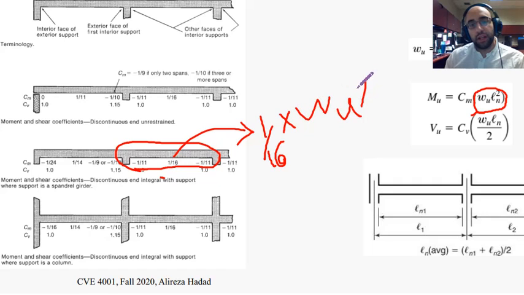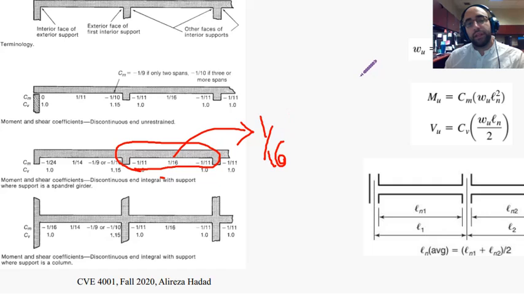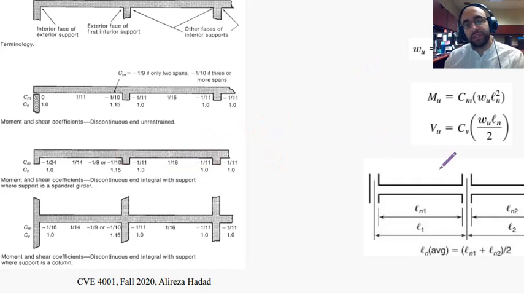WU is the thing that we calculated, and then ln is the length of the slab. Of course, ln is the length from one face of the support to the other face, but in situations like in this example, where we don't know the length or the section size of the column and beams, we can just consider the center line length, or the distance from one center line to the other center line.